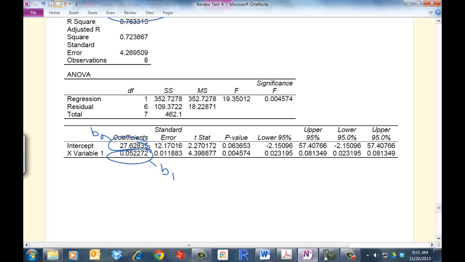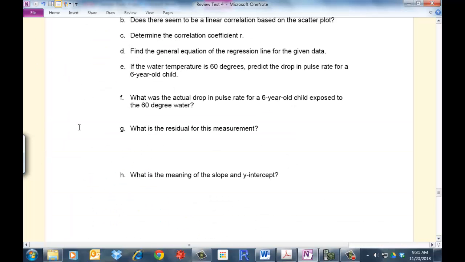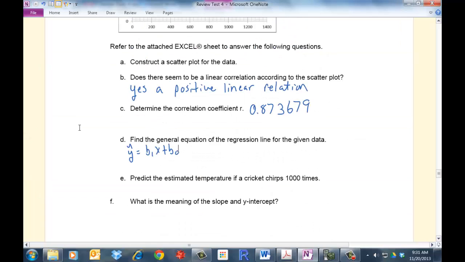Let's plug in b1 and b0 into the equation above and see what we get. So we get y hat is equal to b1, which is 0.05, times x, plus b0, which is 27.63. And that's part D.